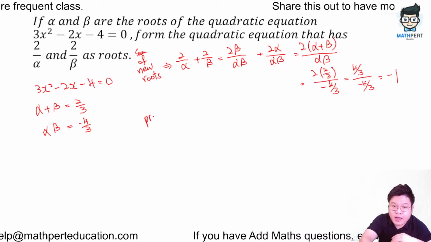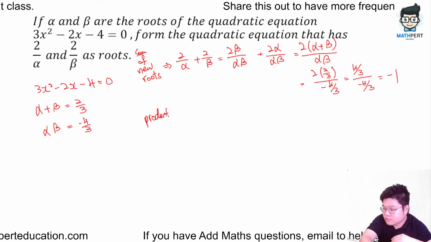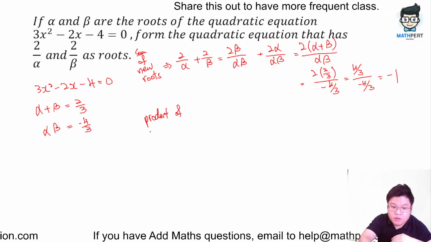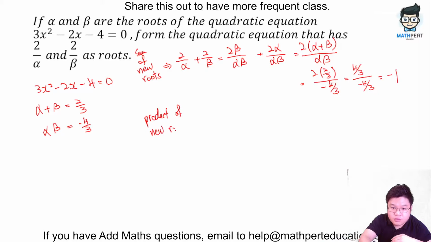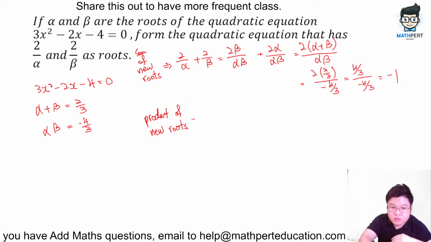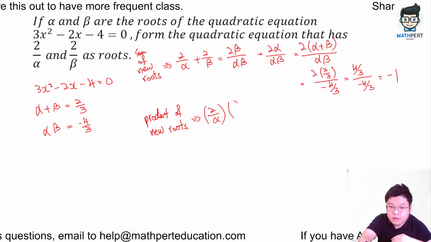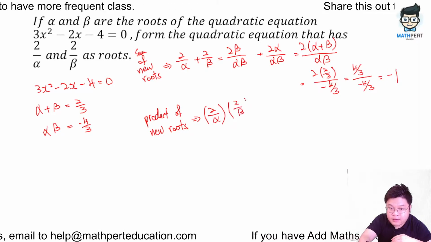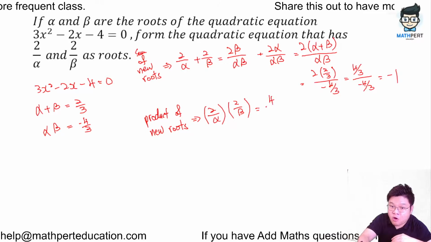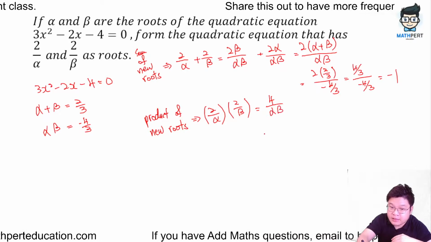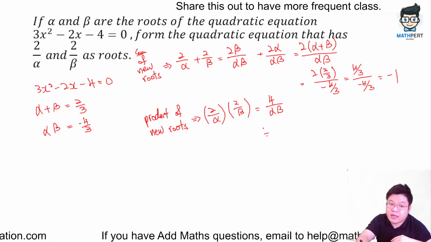Now the product of new roots. So 2 over alpha times 2 over beta. You multiply together, you get 4 over alpha beta. Alpha beta is negative 4 over 3.